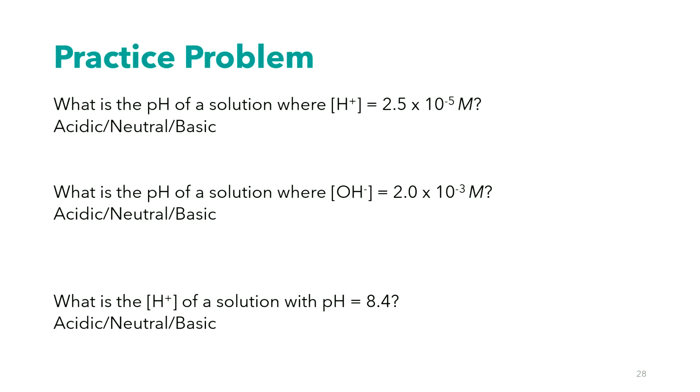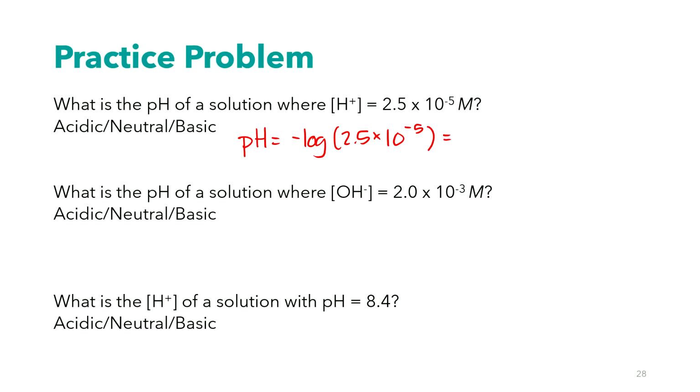What is the pH of a solution where H plus is equal to 2.5 times 10 to the negative 5th molar? And then we're going to ask you, is that acidic, neutral, or basic? This is, I think, the easiest iteration of the question that I put together on this slide. pH equals the negative log of H plus, and I just provide that to you.